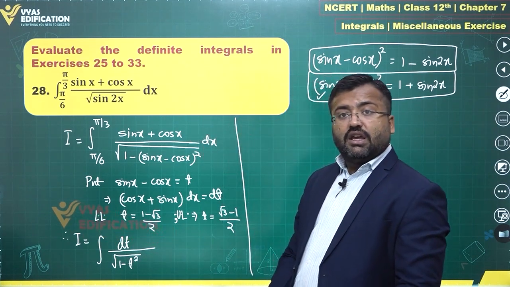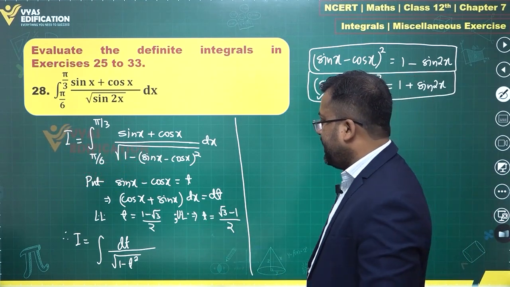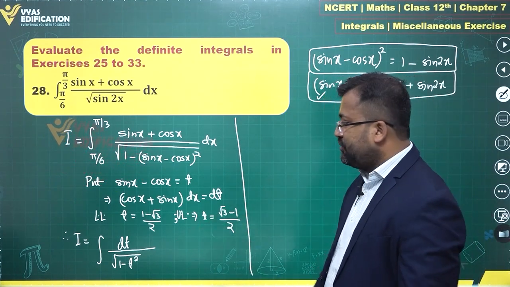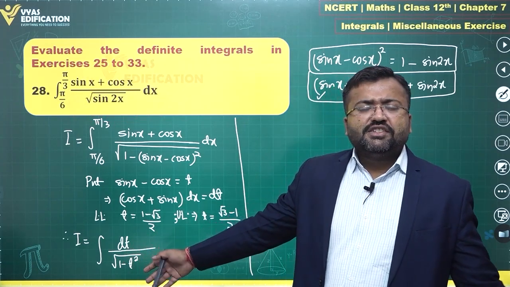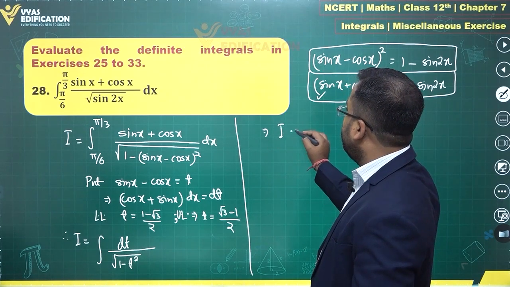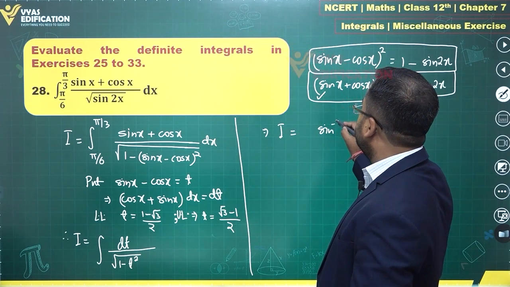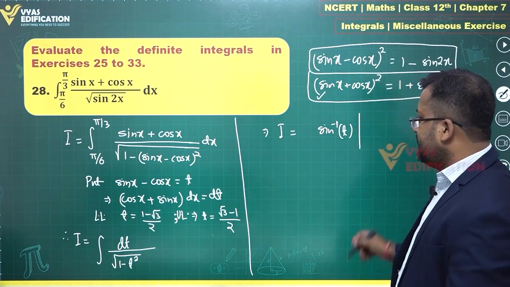Is that okay? Yes. The limits can be substituted, but this integral now is pretty simple. Dt upon under root of 1 minus t square, the integral is sin inverse t.